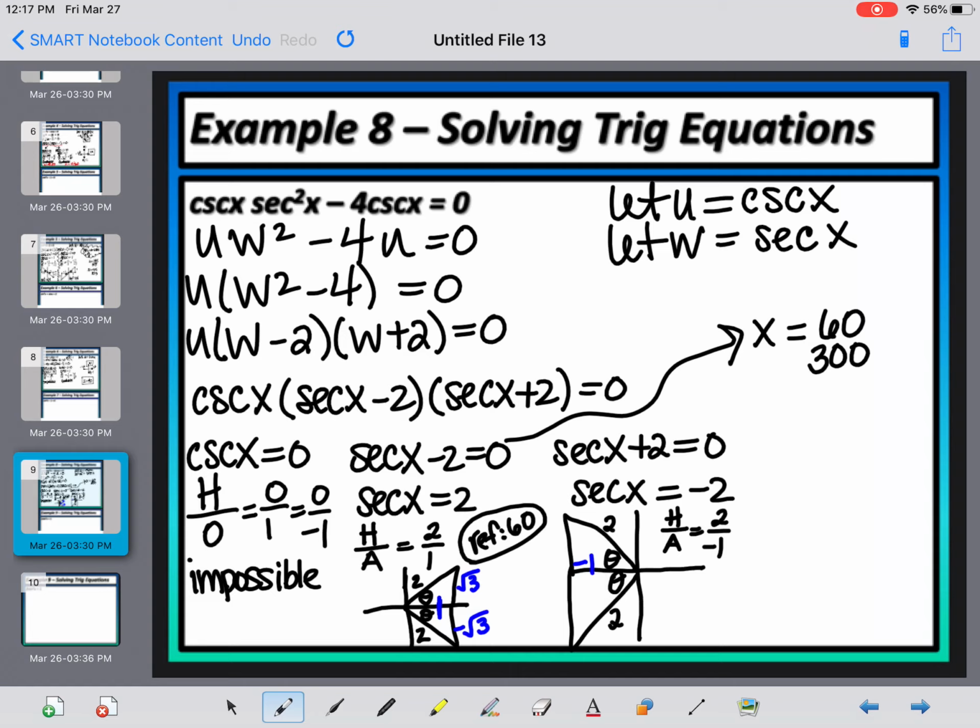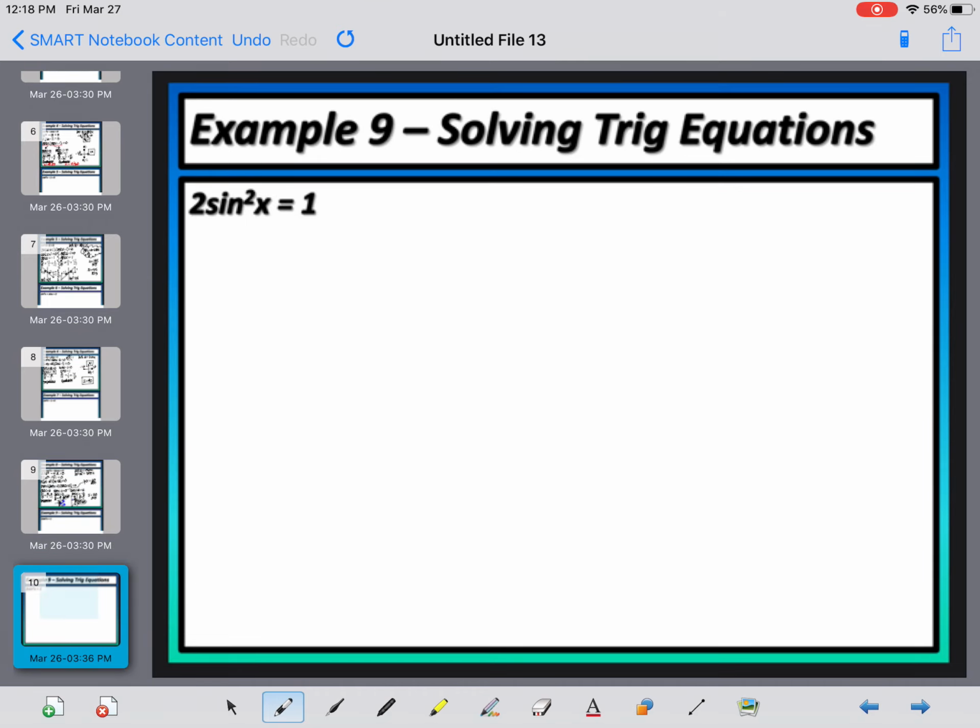Okay, so this is again a reference of 60. Alright, but my angles are 120 and 240. Alright, very last one.